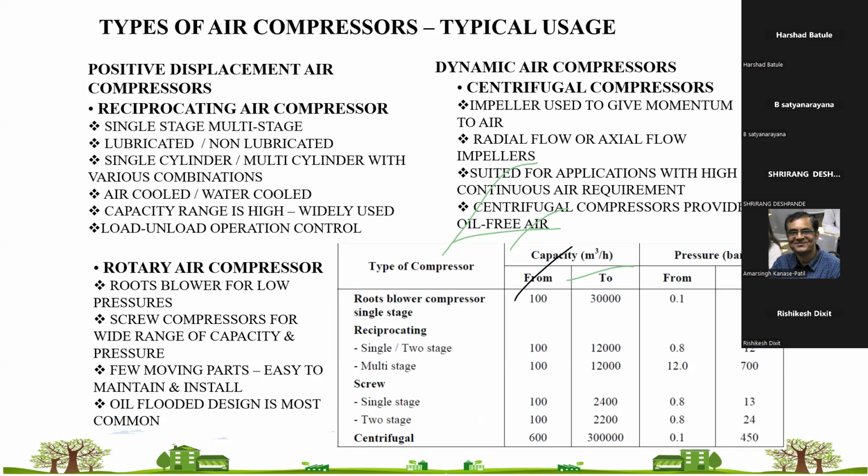In the reciprocating compressor, your compressor capacity is directly proportional to the speed of the compressor. Such small points will be used in your MCQs or one mark questions. So which compressor's capacity is directly proportional to speed?